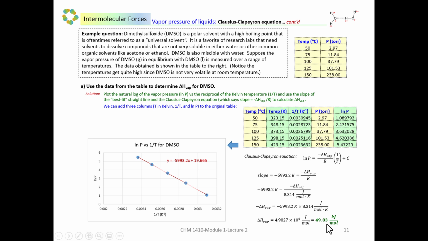DMSO would be less volatile than acetone or water. It's quite hard to evaporate.